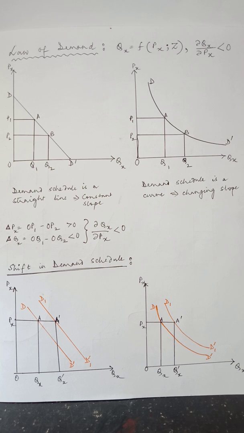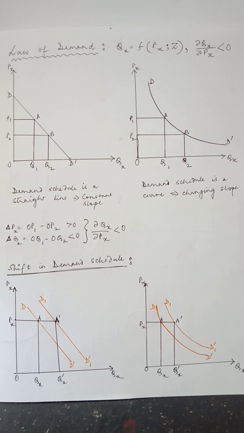Now, in case of complementary goods like, say, car and petrol, if the price of petrol is increasing, then demand for cars will decrease. So there's an inverse relation, that is, if the price of petrol is increasing, then people will demand fewer cars. So the demand schedule will shift to the left hand side.